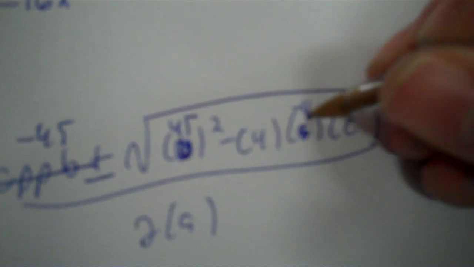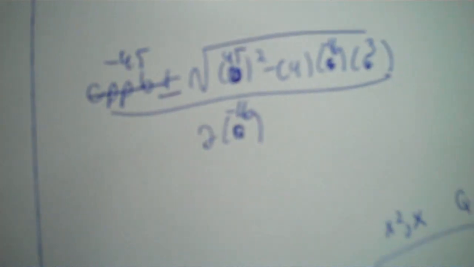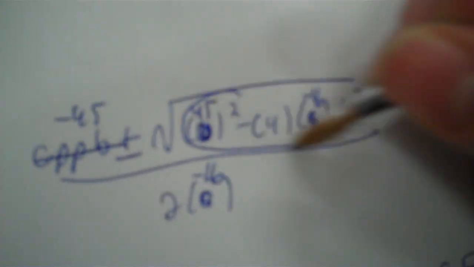Opposite of b, negative 45. b is 45 squared. A is negative 16, C is 3, and A is negative 16, okay? Plus or minus, you've got your negative 45. 2 times negative 16 is negative 32. Now I'm going to set up the square root right there.